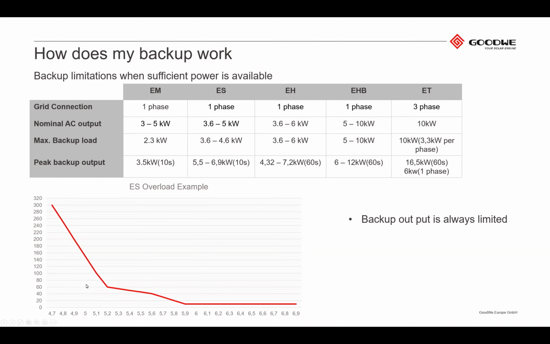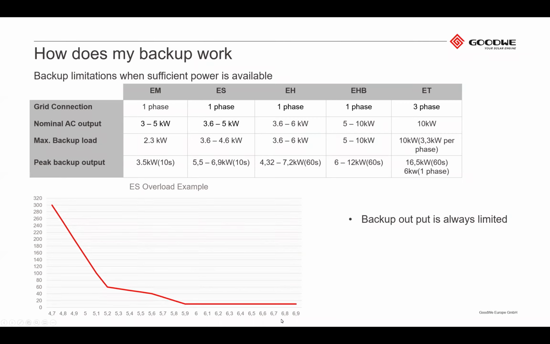At just over 5 kilowatts, the inverter should be able to last around 1 minute before it overloads, and then that rapidly decreases. The 10 seconds does apply from quite close to that. But this line could most likely be a lot steeper than what I have indicated here.